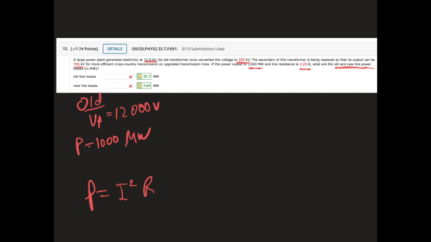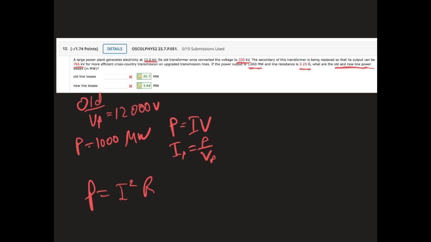So from that, I can actually find the primary side current. So I know the power, and I know P equals I times V. So I on the primary side is going to equal that power divided by V in the primary side. So that's going to give me IP.